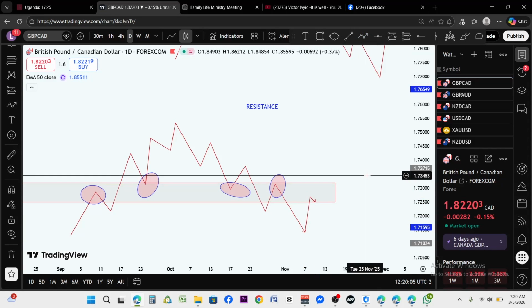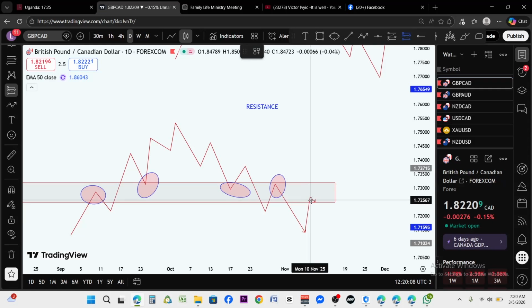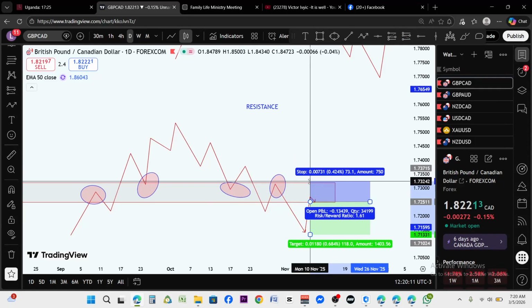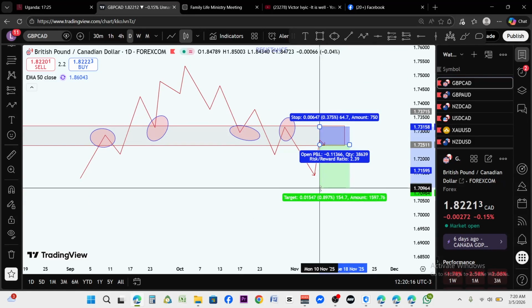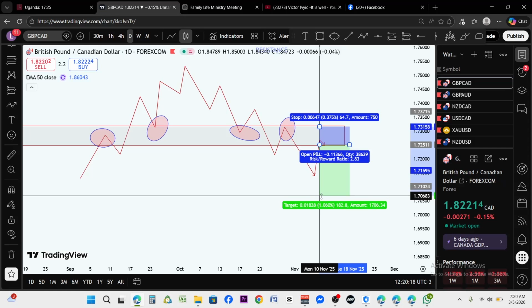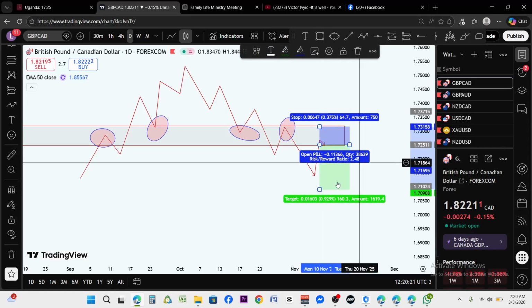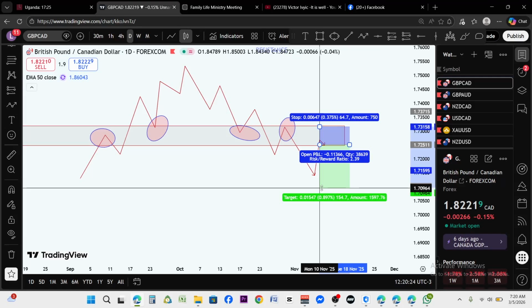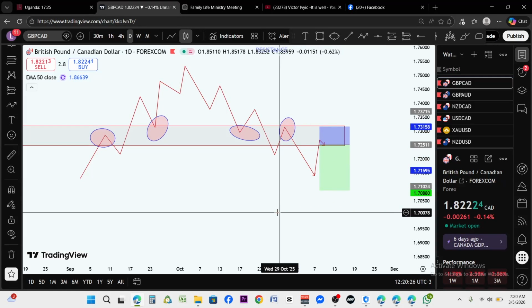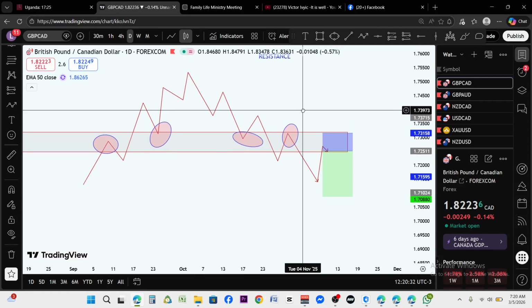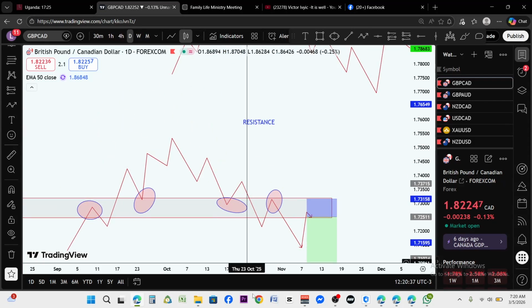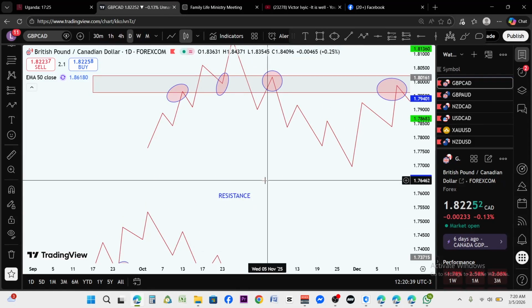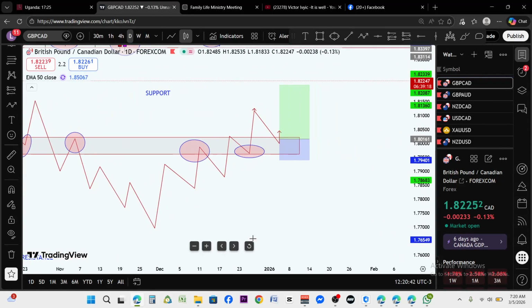Then I can sell in this zone, which is resistance, with my risk to reward ratio targeting 2:5. So this is how you can become profitable in forex trading. Wait for a pullback to resistance in a downtrend market, and in an uptrend market, wait for a pullback to support.